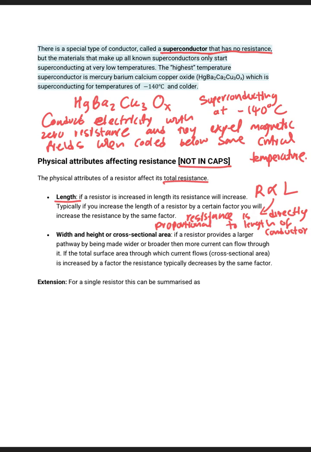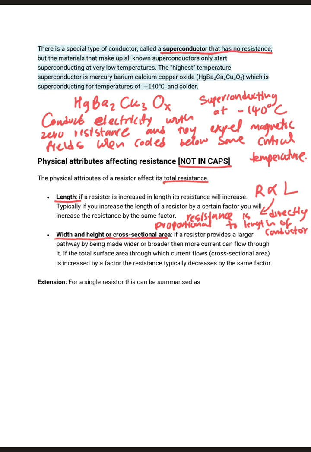And then the other is the width or cross-sectional area. If a resistor provides a larger pathway by being made wider or broader, then more current can flow through it. If the cross-sectional area is increased by a factor, the resistance typically decreases by the same factor.